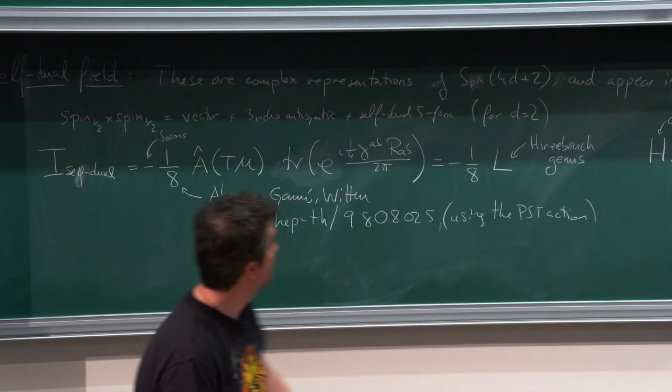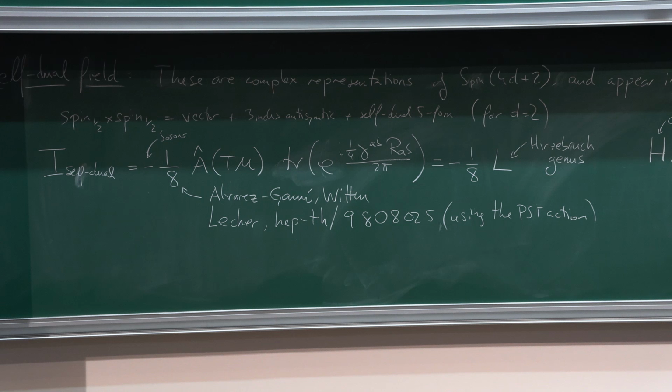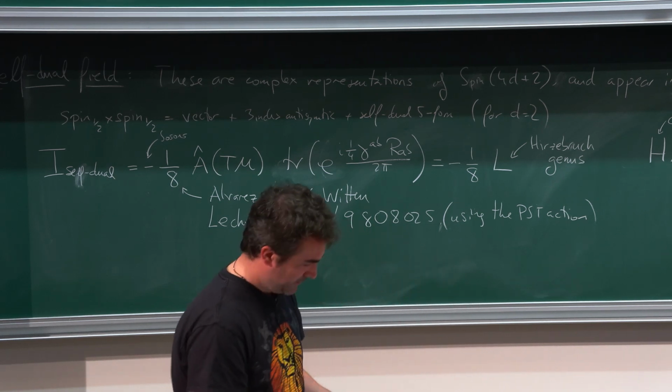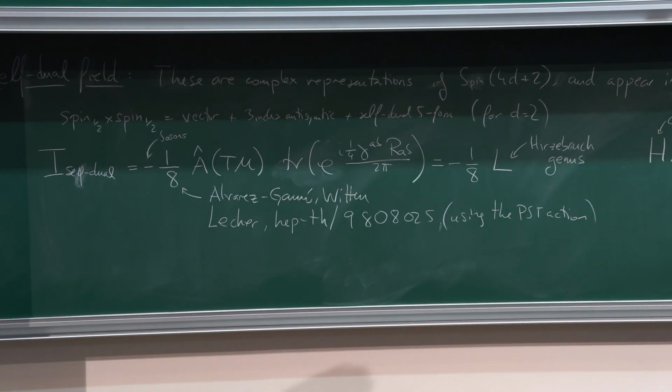Okay, so now I have all the ingredients that I need for verifying that type 2B is anomaly free. So let me put the factors in front that Sohar was asking about.